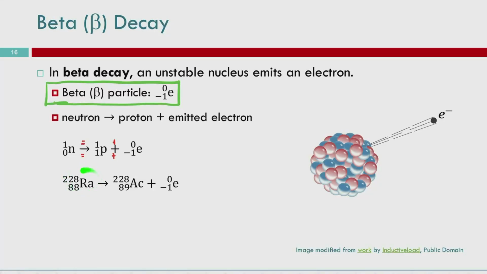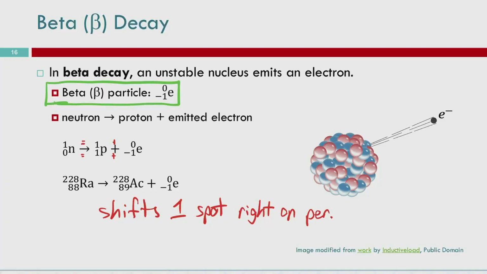So in this example with Ra, it moves up to Ac on the periodic table. So it shifts 1 spot to the right on the periodic table. And it has the same mass number.